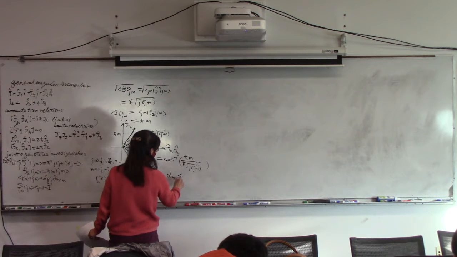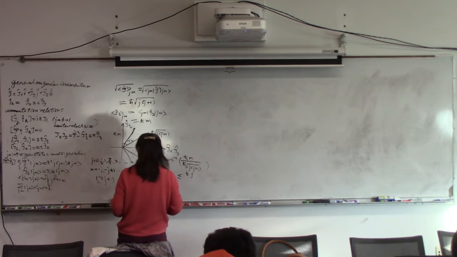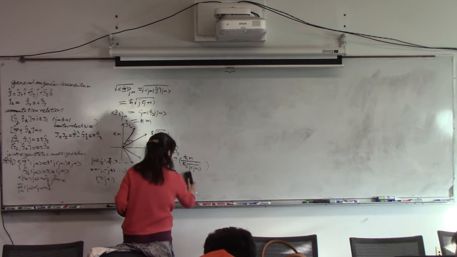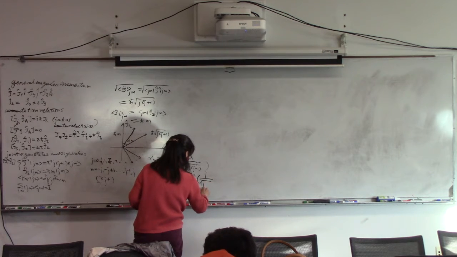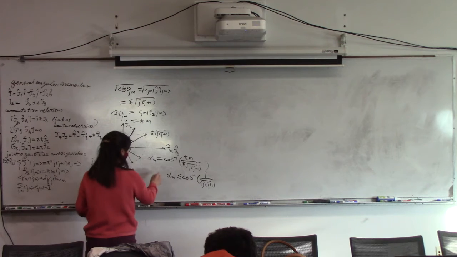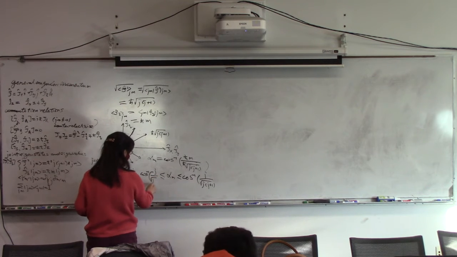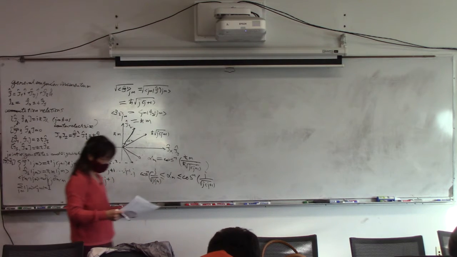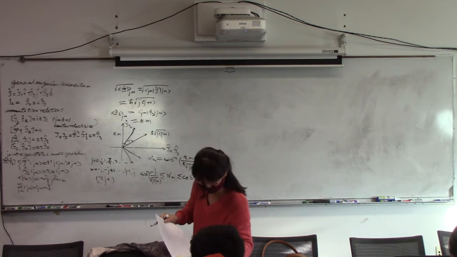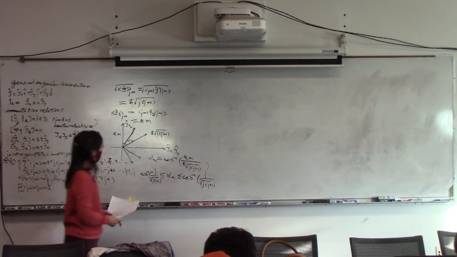The maximum value is when m equals j, where ħ cancels, so that is j over √(j(j+1)), and the minimum is when m equals negative j, so minus j over √(j(j+1)). That is how we can use this figure to visualize the angular momentum in space.